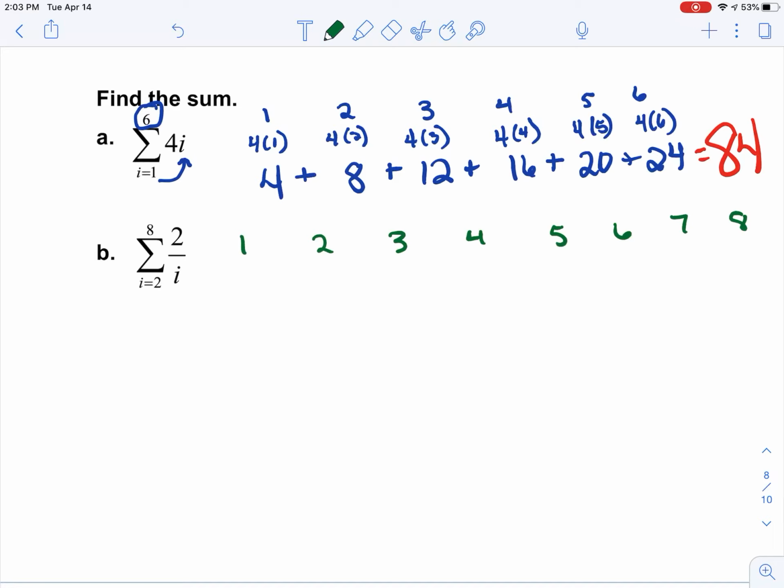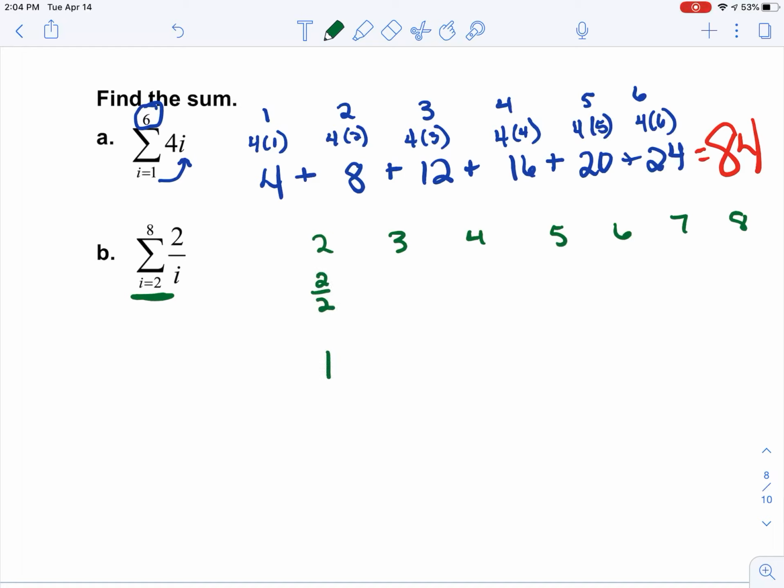Okay, what I noticed, actually, I made a mistake. What mistake did I make? Does it start with 1? No, we are starting with 2. Oh.